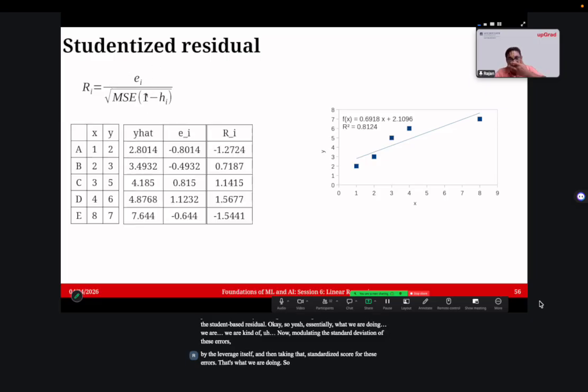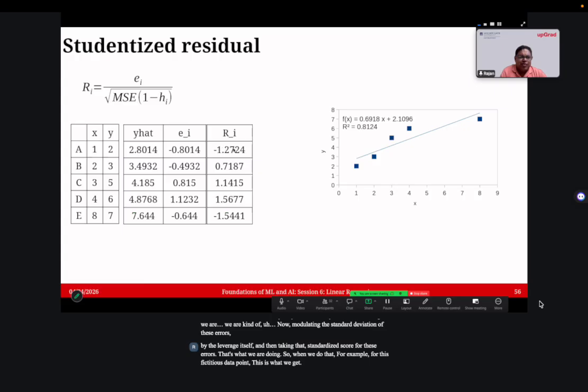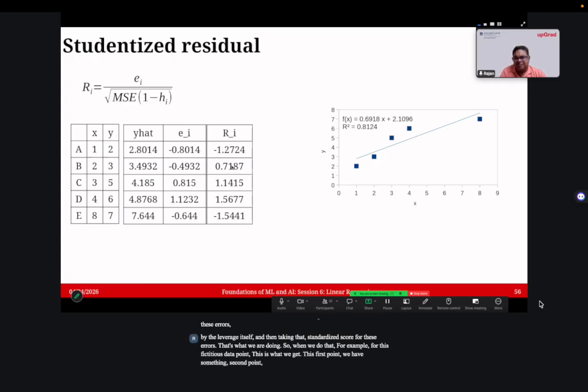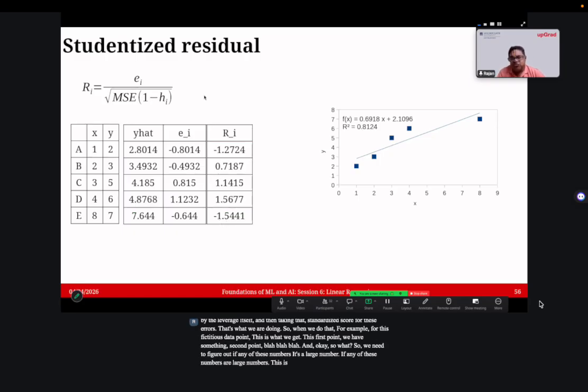When we do that, for this fictitious data, this is what we get. This first point has something, the second point, and so on. So what? We need to figure out if any of these numbers is a large number. This is standardized. It's a Z score, right? Z score means how many standard deviations away.